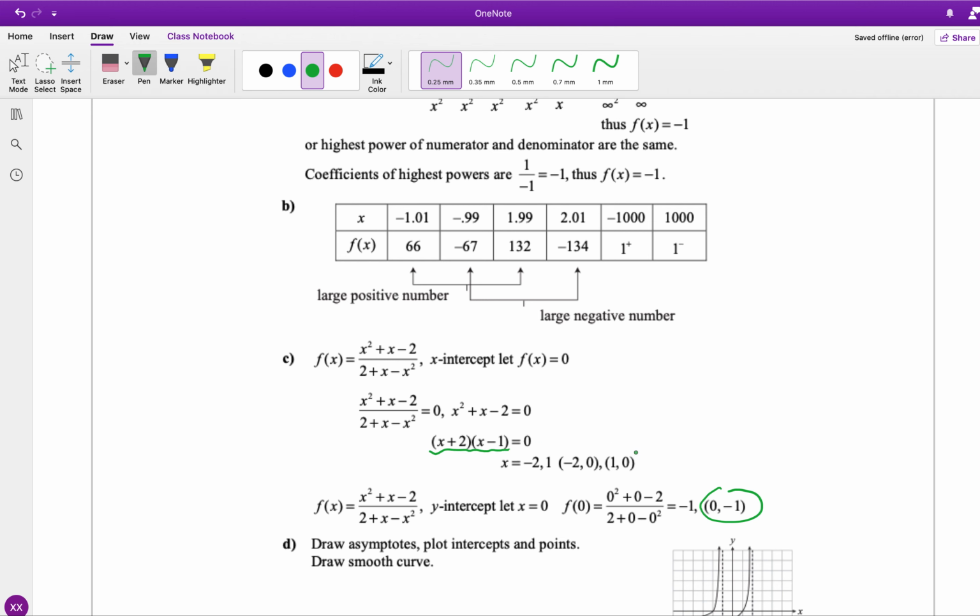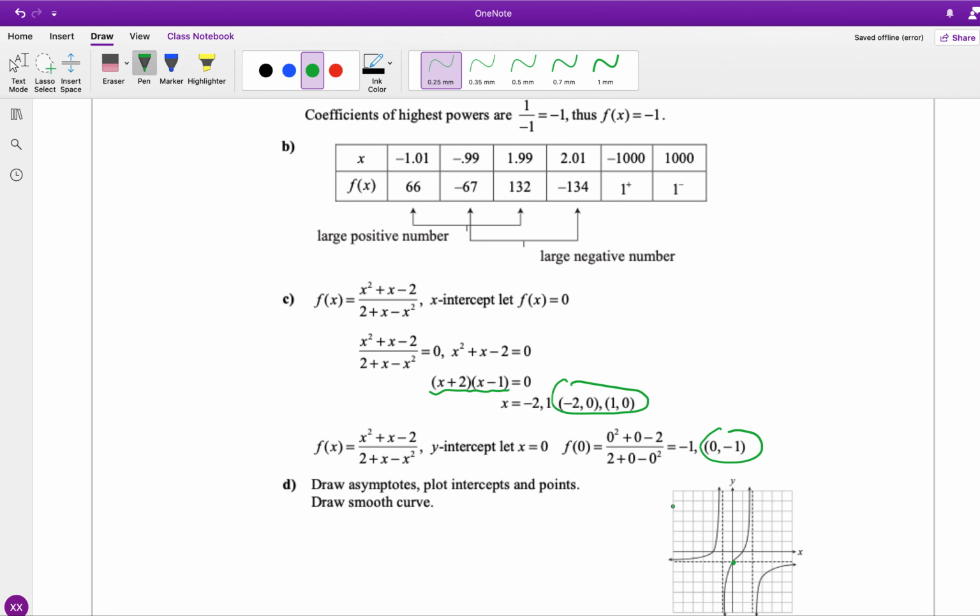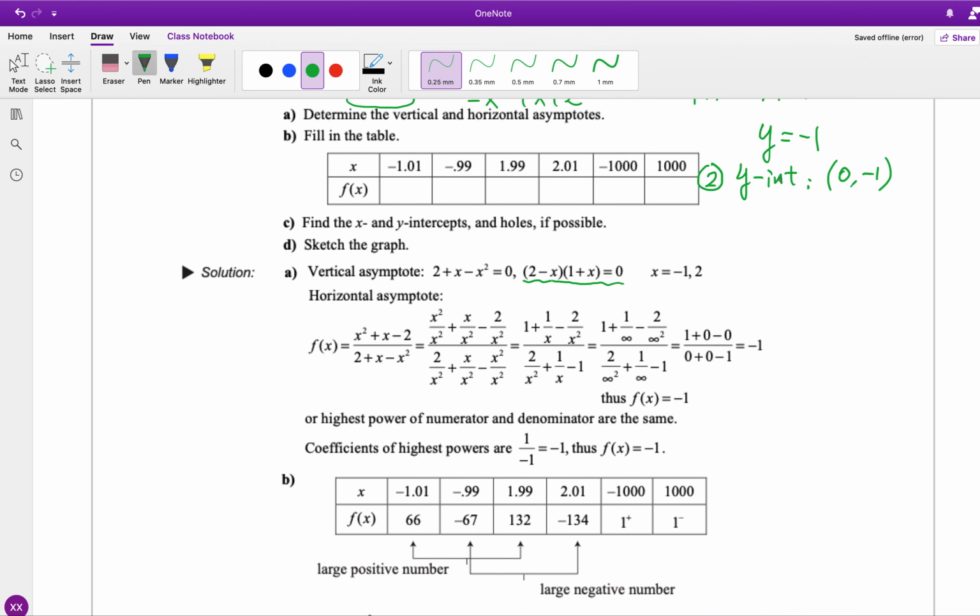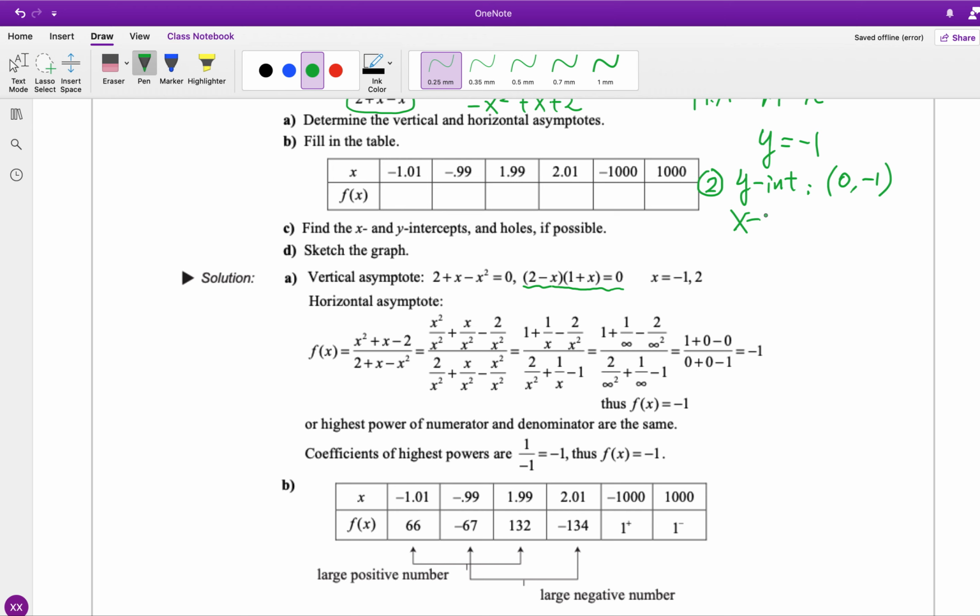In this case, we know these are our two x-intercepts. So I'm just going to put my x-intercepts on the graph as well. So I got this point, and I also have this point. Okay, so now I got these points. Now I will start with the table of values. Oh, by the way, our x-intercepts here are (-2, 0) and (1, 0).